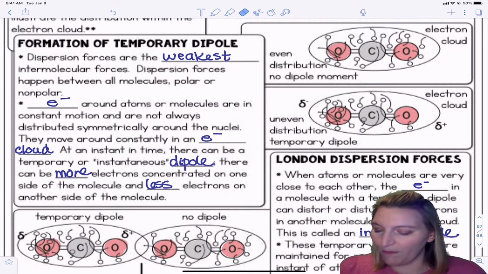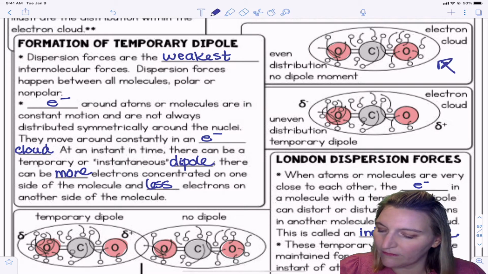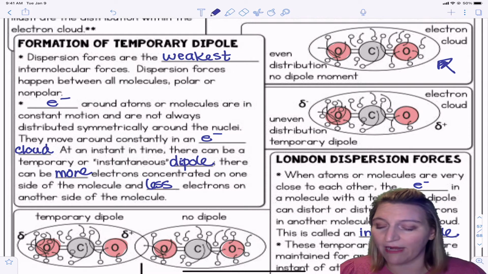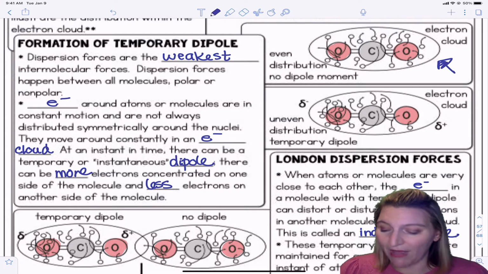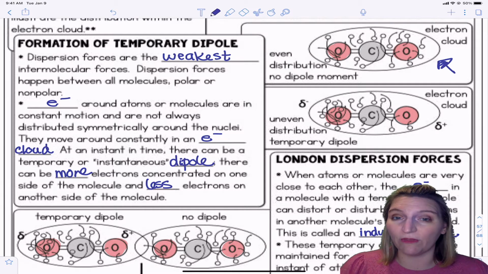On the top picture right here, you can see that those small circles are standing for electrons, and we know electrons are way smaller than that, right? But you can see they're swimming around the molecule, sort of distributed evenly throughout the molecule. But just because electrons are in motion, at some time, maybe more electrons are on one side of the molecule than the other.